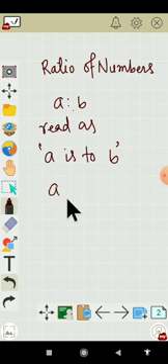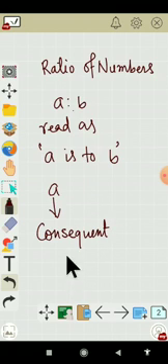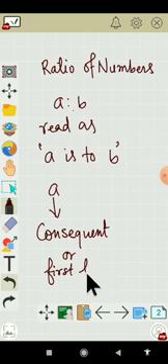Here A is called antecedent or first term.